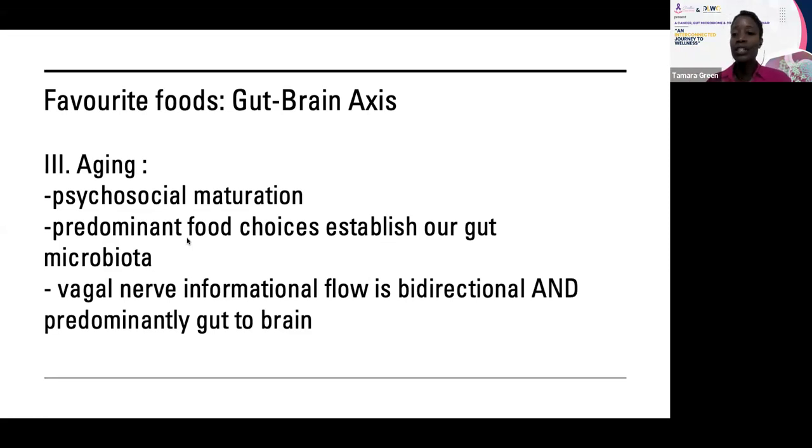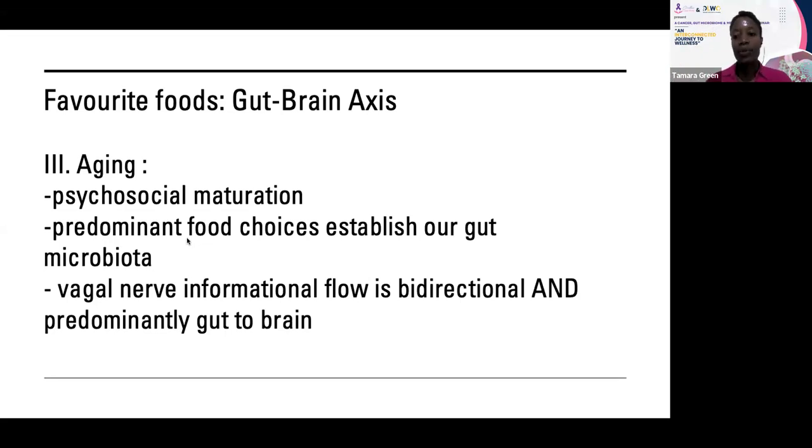So as we continue to age, our predominant food choices actually establish our gut microbiome. And so where there was bidirectional flow of information, the longest nerve, which is the vagal nerve, communicates with our gut. That is the highway for gut-brain axis.